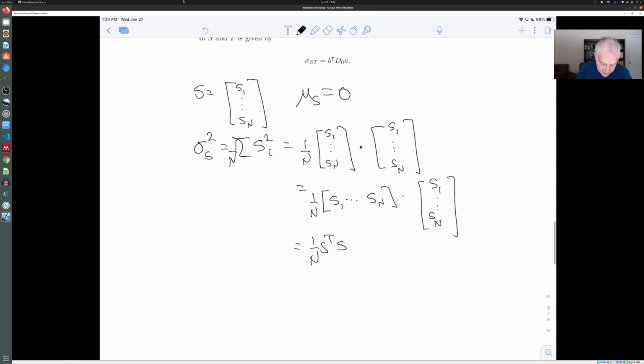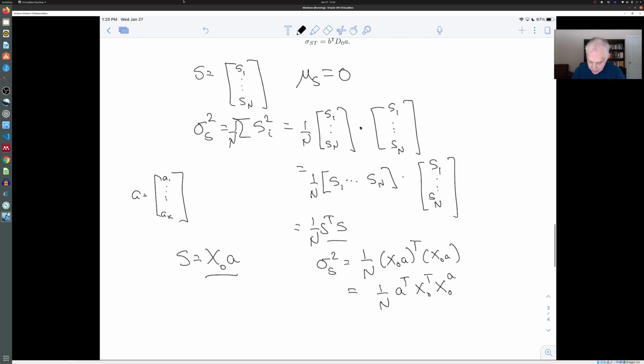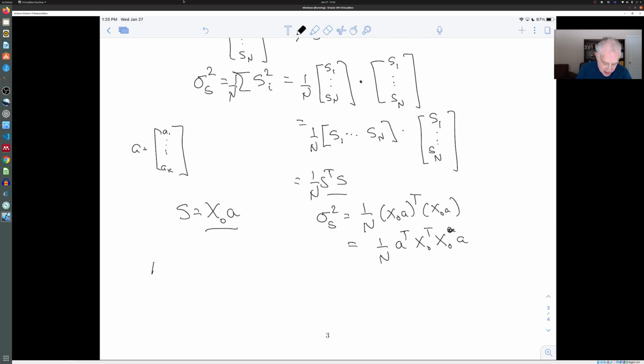But we also know that the score S can be computed by taking X0A, where A are the K weights that define the score S. If we plug this expression for S into this formula, we find that sigma S squared is 1 over n times X0A transpose X0A, which is 1 over n A transpose X0 transpose X0A, where I've used the fact that (AB) transpose is B transpose A transpose, a fact from linear algebra.